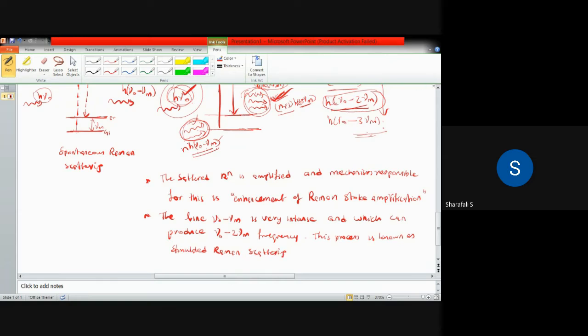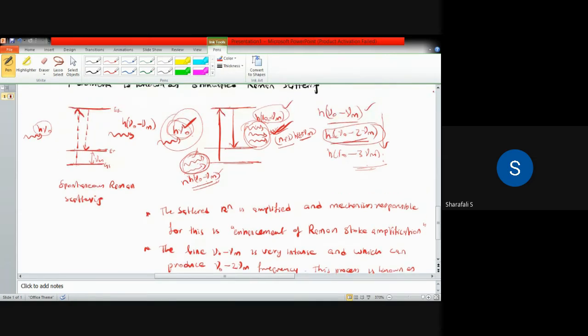So what is the difference between normal Raman scattering and the stimulated one? Here we have the incident radiation interacting with the material and giving the anti-Stokes and Stokes lines. And next time also the same radiation has to interact with this material and give the same anti-Stokes and Stokes lines. But here the difference is that when you have a very high intensity pulse, first you get anti-Stokes and Stokes lines because of h nu 0.